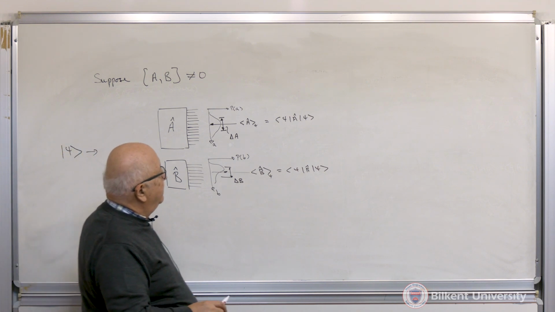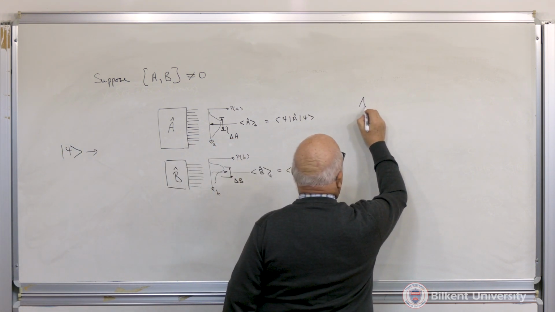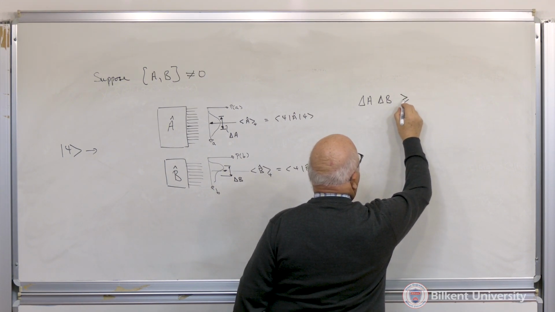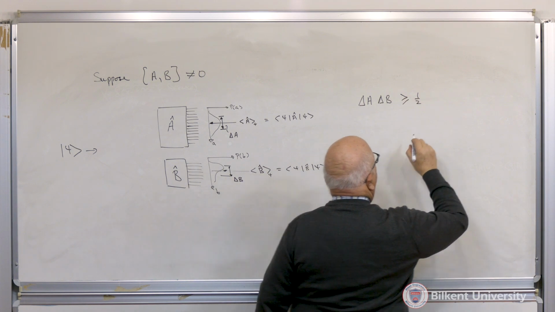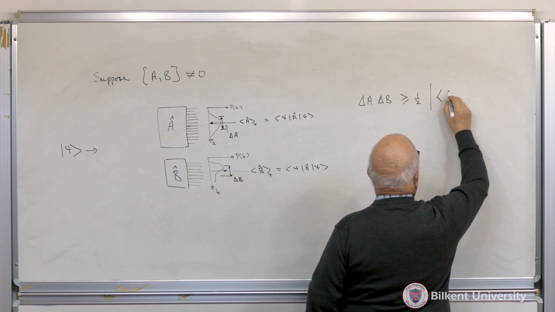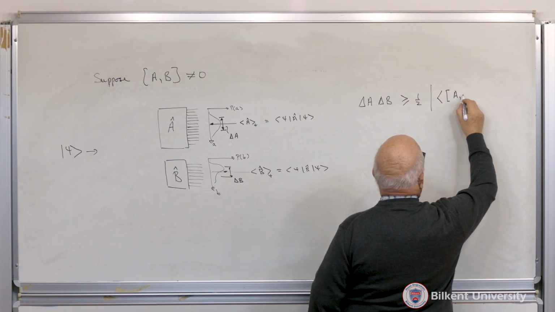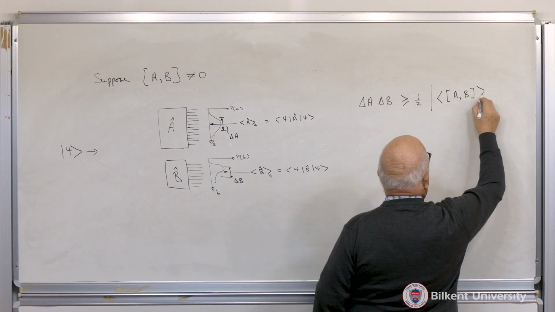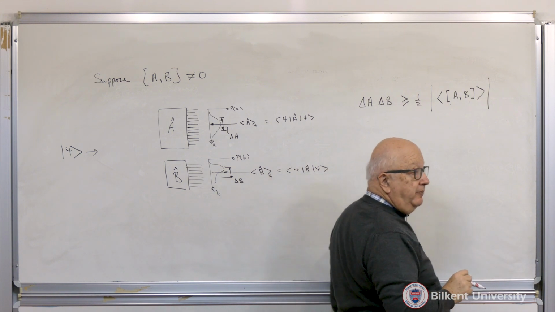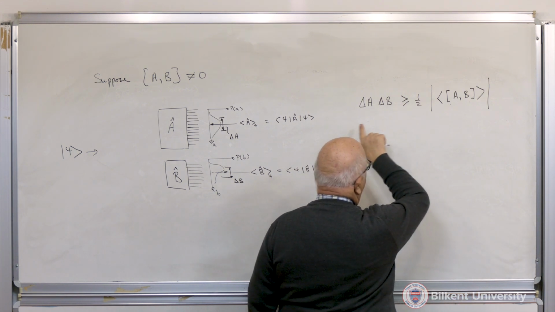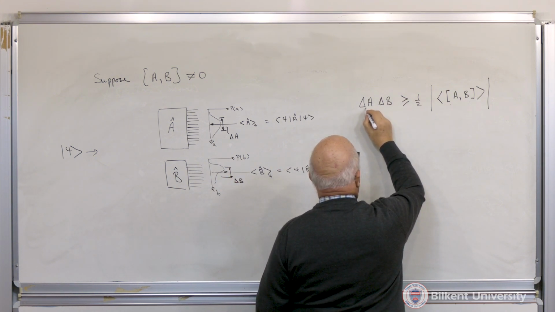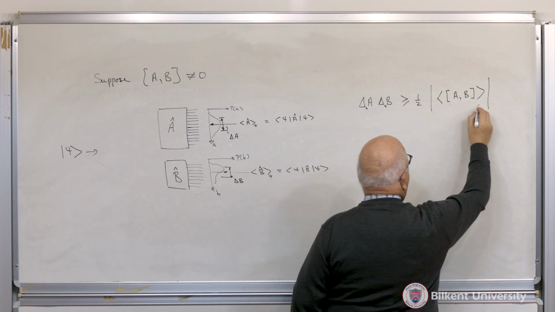Now, there's this nice theorem which tells us that delta A times delta B is greater than or equal to 1/2 the magnitude of the expectation value of the commutator of A and B. Let's look at these terms one by one. There's a commutator of A and B. All of these things are with respect to the same psi. We don't usually put a subscript here, but these deltas and the expectation values are all with respect to the same psi.